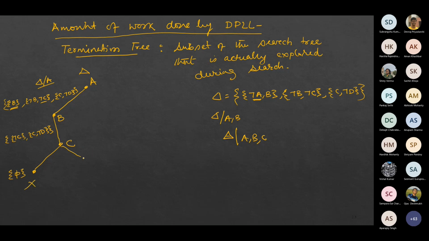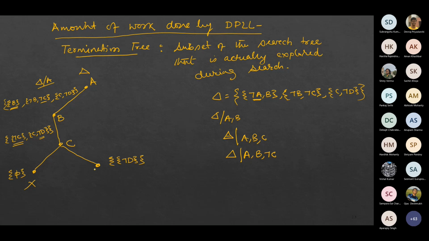Now we'll be expanding the other path, which is delta A, B, negative C, right? If we do that, this will be gone, and the only thing remaining is not of D, right?